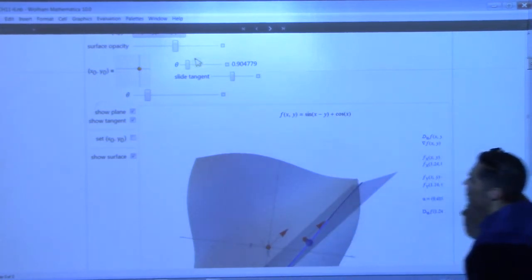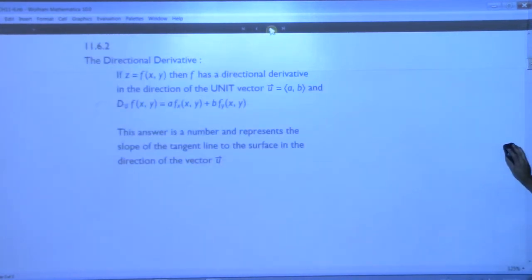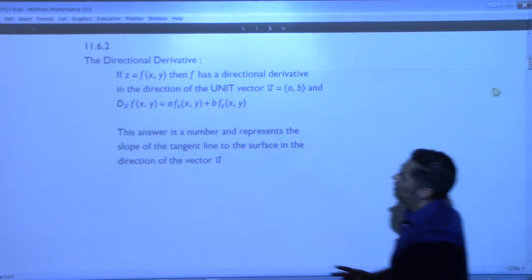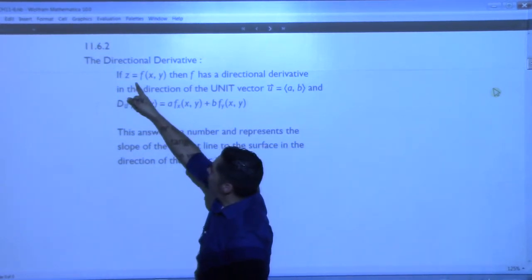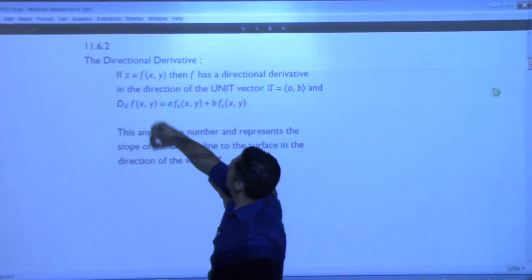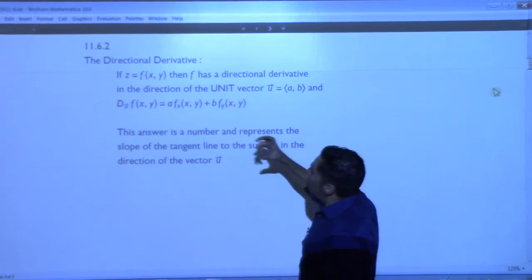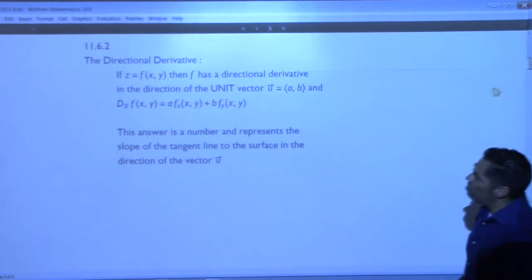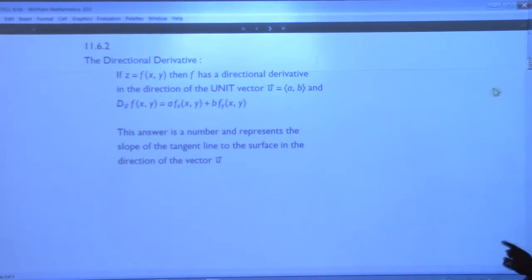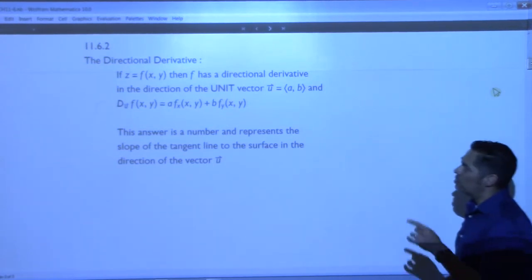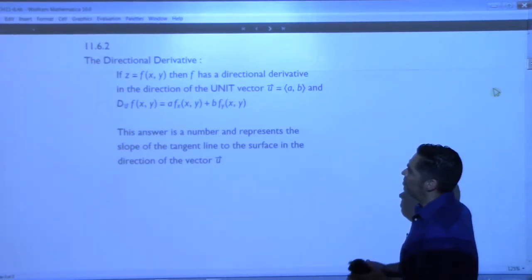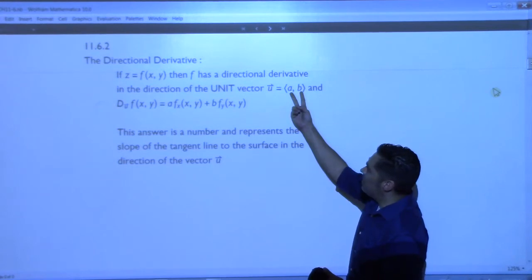All right, so how do we actually calculate the slope of the tangent line in an arbitrary direction? And that is the next formula. So if you are given a function of two variables, a surface, then f has what we call a directional derivative in the direction of the unit vector u, which has two components, a and b, right?